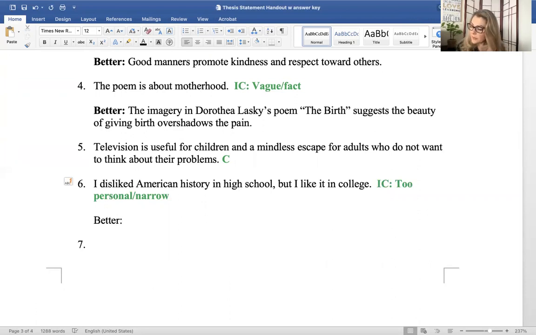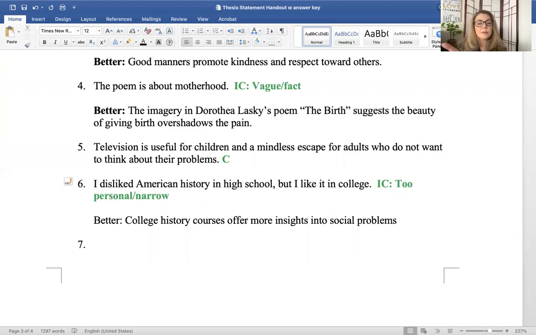Okay, so here's something I came up with. College history courses offer more insights into social problems. So let me read this part again.